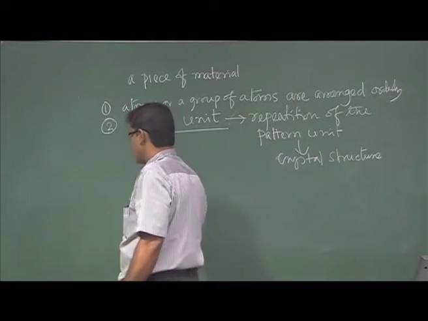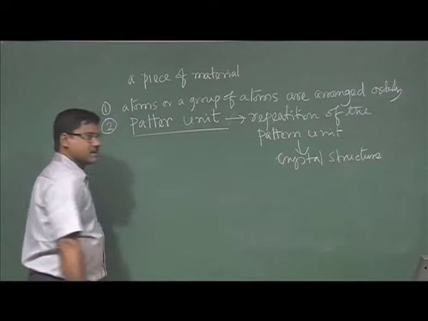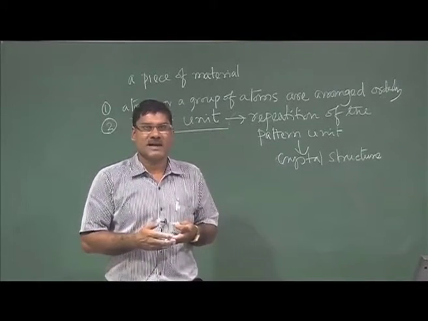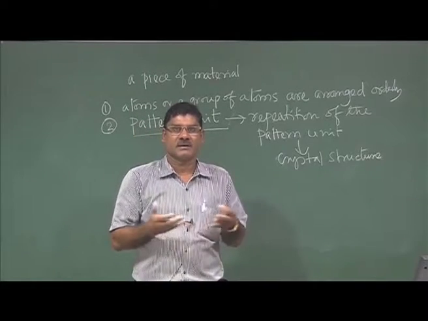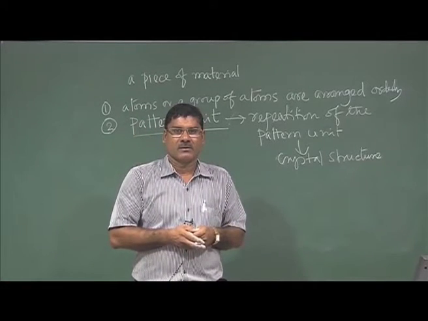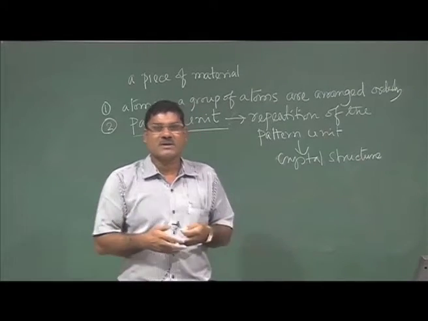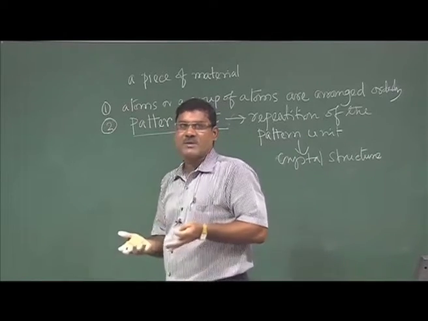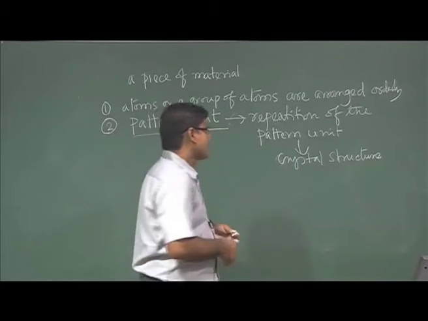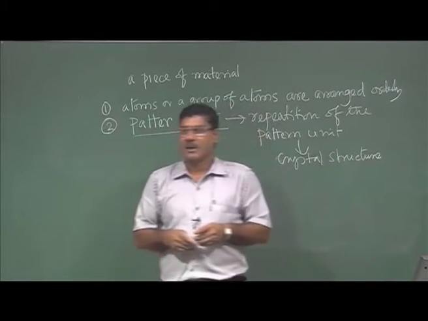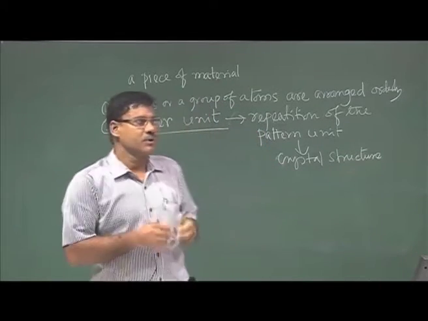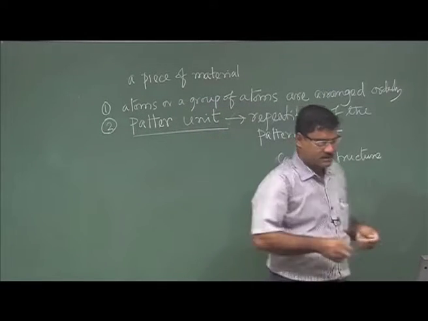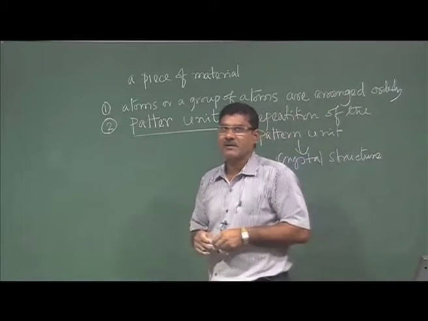Now, the question is how many materials exist in the universe? The answer is thousands and thousands of materials exist in this world. In this classroom itself, you can see many solid materials: chair, table, window, computer, blackboard, dusters, everything a solid material.